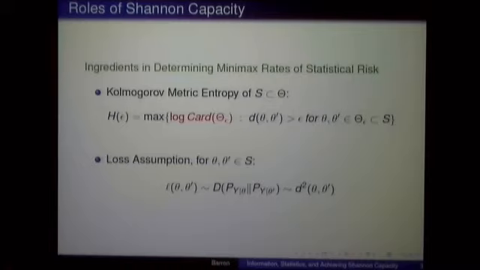And what do we mean really matters? Well, what one heads towards in the work of the authors I just mentioned suggests a fundamental role for Kolmogorov metric entropy in resolving minimax rates in statistical problems.